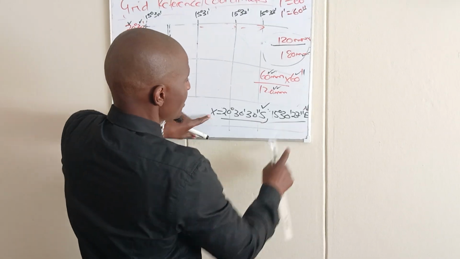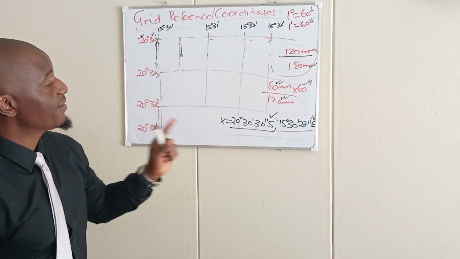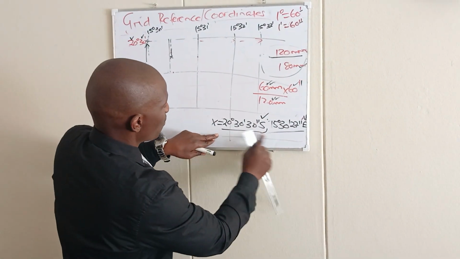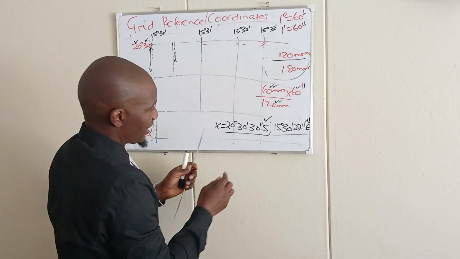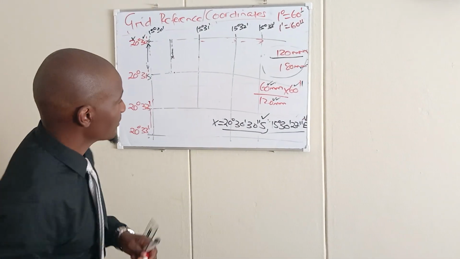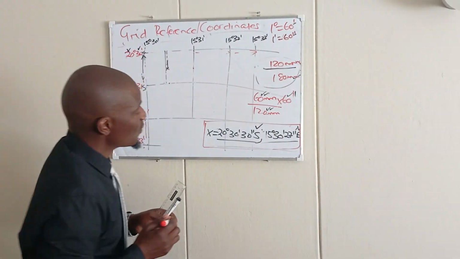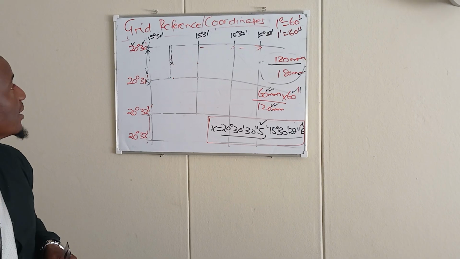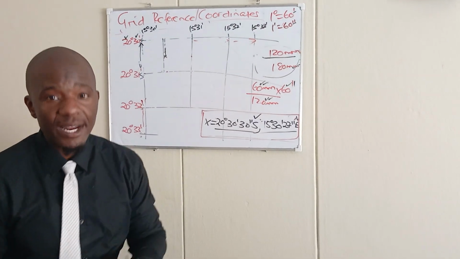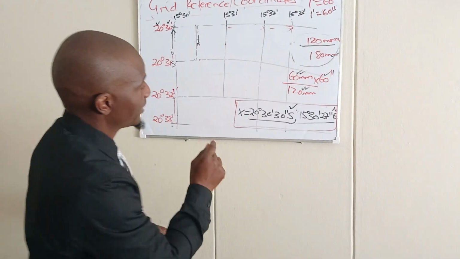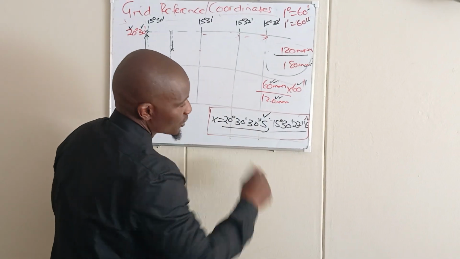Then they ask what is the feature that is found where these coordinates are. Then you are asked what feature or which place is located on these coordinates.